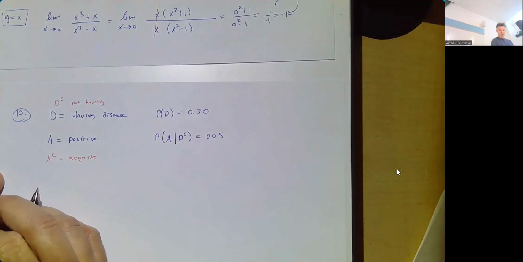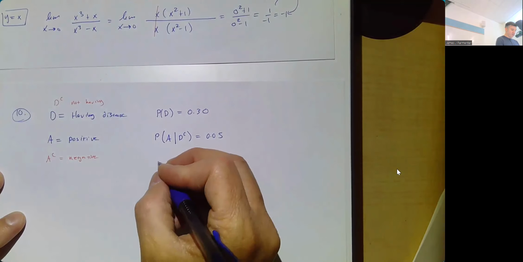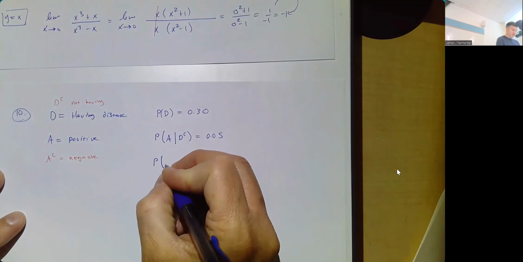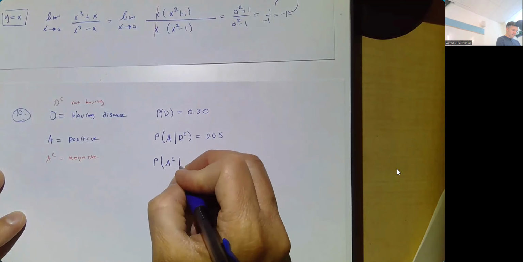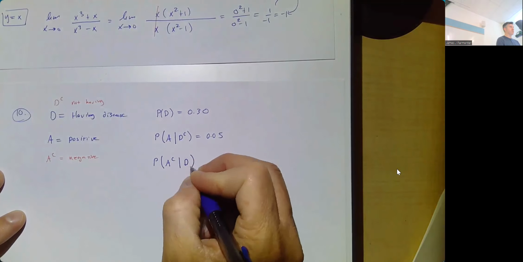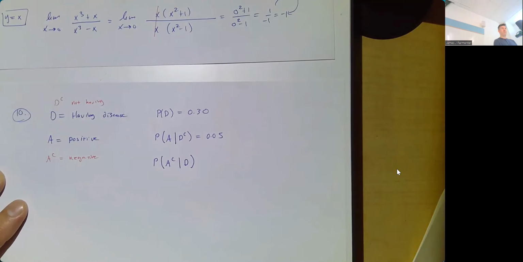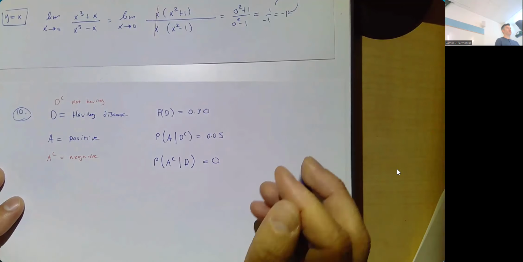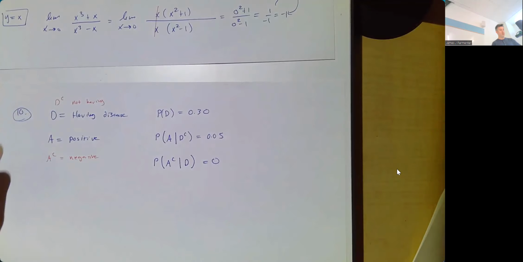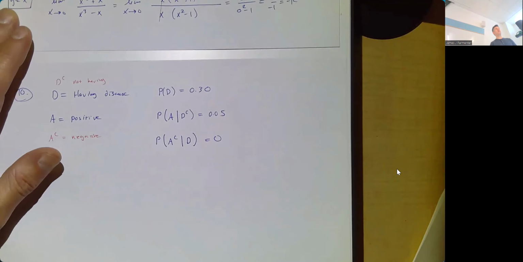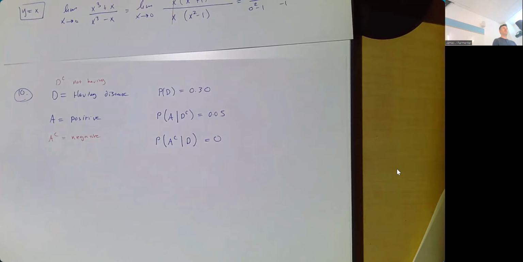And they also told us that the test doesn't have any false negatives. A false negative would be the probability of testing negative, given that you had the disease. What's the probability of that? 0. Based on these 3 pieces of information, I would then draw a tree.